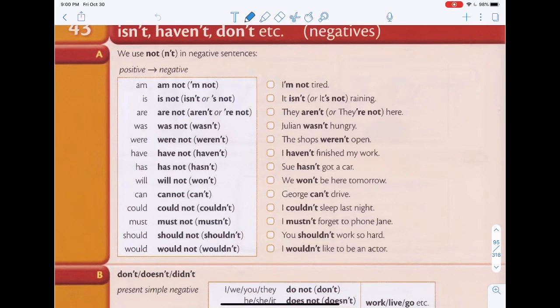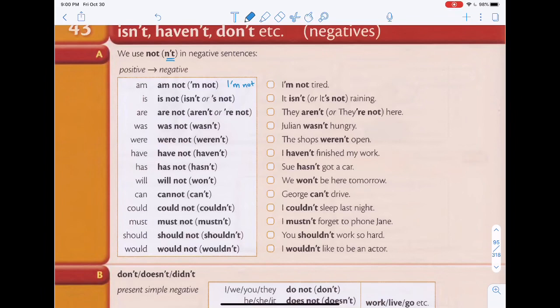Now, if you remember, we use not in negative sentences, and not can be shortened to an apostrophe T. Remember how from positive to negative it becomes am not, so it'll be something like I'm not, right?